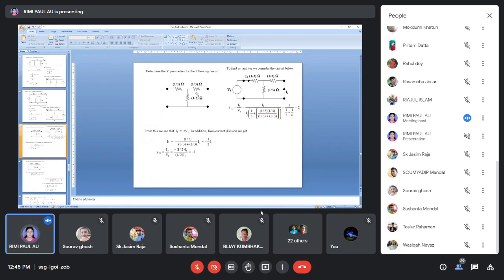There you will draw a circuit. First write a title, your name, roll number, then the title of the experiment. Then draw the circuit only, which circuit you are solving. These 2 circuits you will solve. So first take the circuit and there you can write the theoretical part.